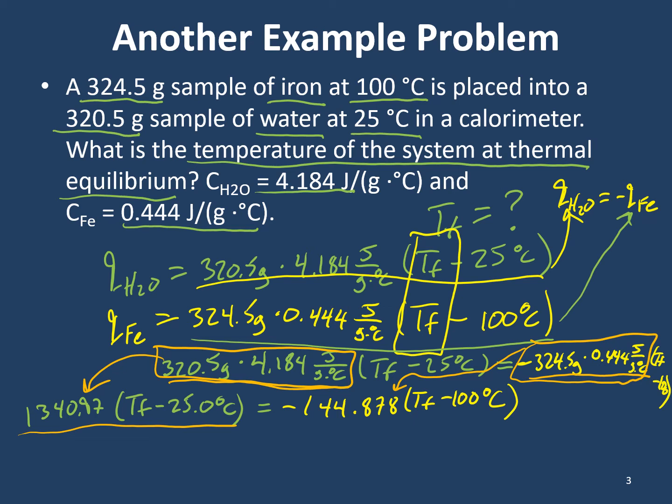I can either distribute into both of these two parentheses or just divide over and then distribute into one of them. It honestly doesn't make a difference. So let's do the second one. I'm going to divide both of these by negative 144.8. Sorry, 144.